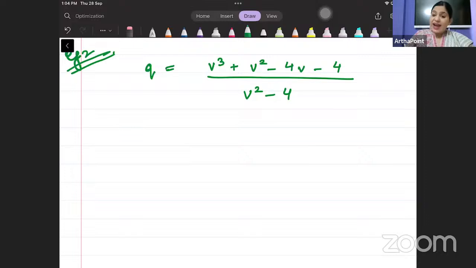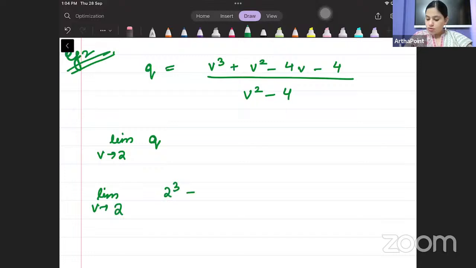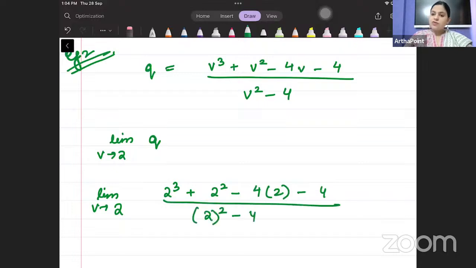So what do we have to do? Limit v tends to 2, evaluate the function. What function do we evaluate, beta? Limit v tends to 2, evaluate the function. So what will come? 2 cube plus 2 square minus 4 into 2 minus 4 upon 2 square minus 4.